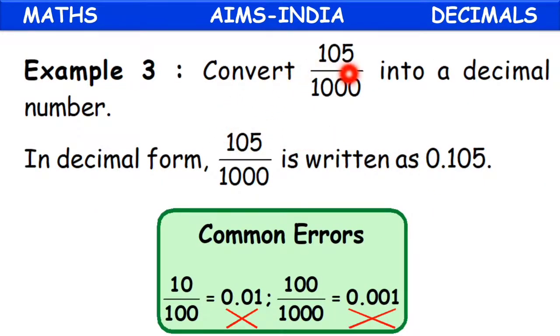Next, convert 105 divided by 1000 into a decimal number. In decimal form, 105 by 1000 is written as, again the numerator has only 3 digits but the denominator is a 4-digit number. So we need to make the numerator also a 4-digit number by adding 0 to the left of the given number.